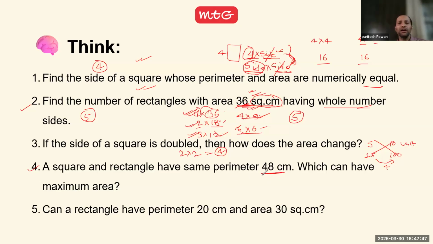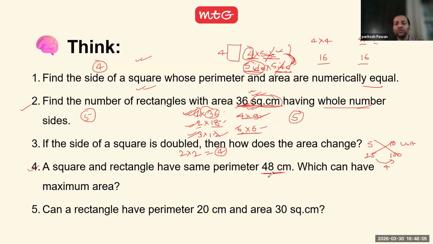So here the rectangle's perimeter is 48.